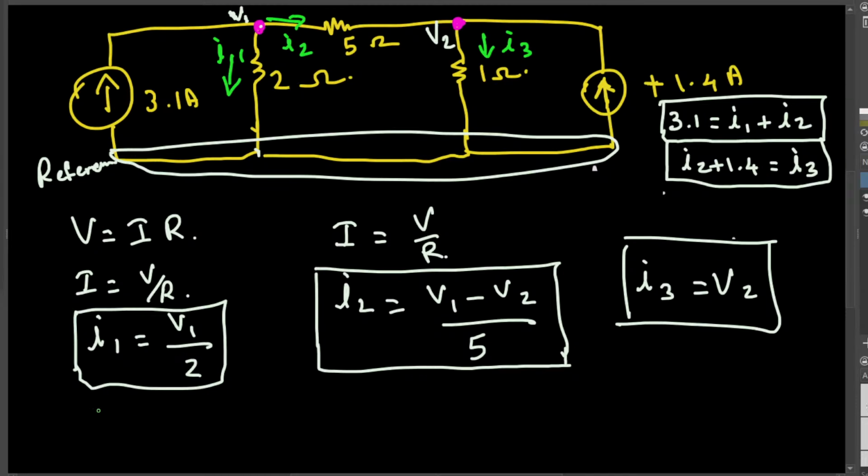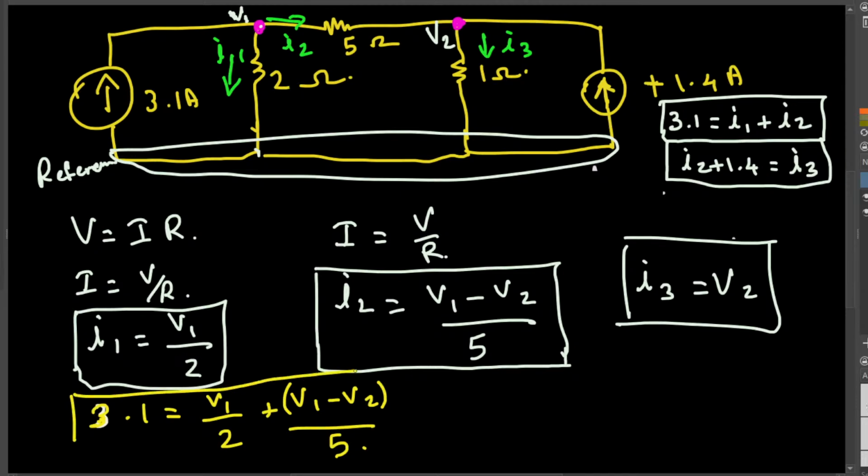The first equation is going to be 3.1, and instead of I1, I'm going to write V1 over 2, and instead of I2, I'm going to write V1 minus V2 divided by 5. This is our equation number 1.